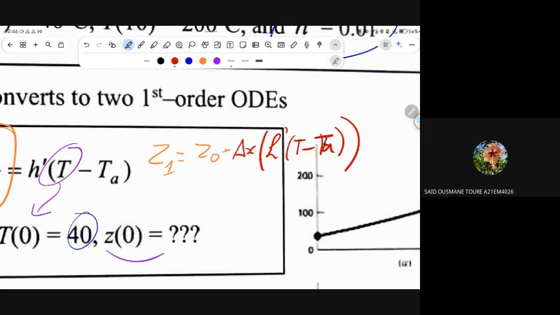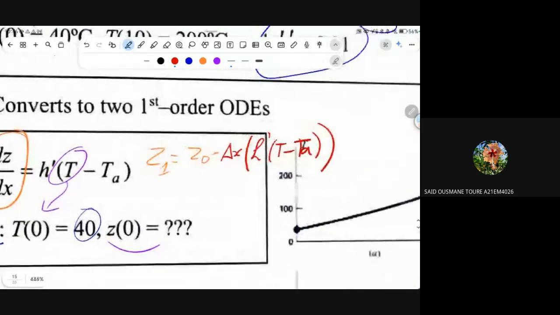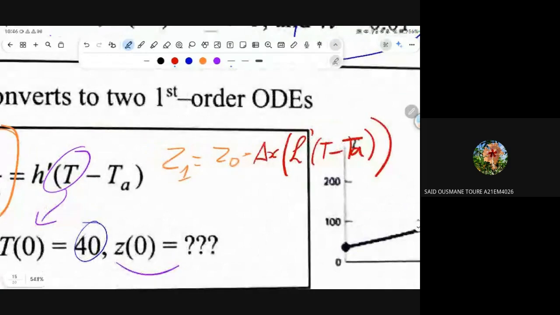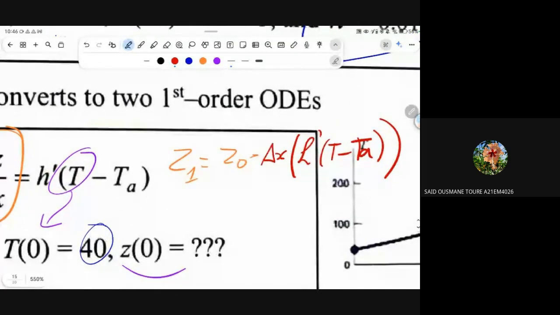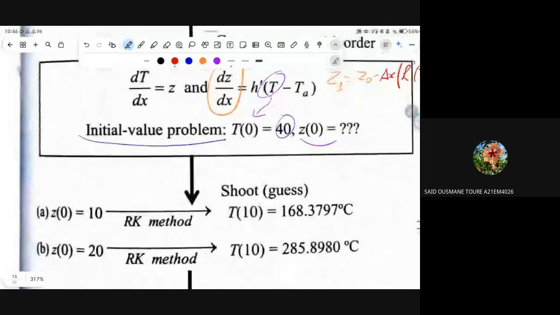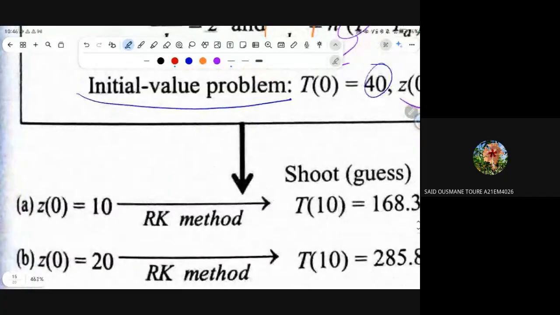That's what it really means. Understand? This is what it comes down to. Step size, you have z0. What will be z0? This is what we are talking about.